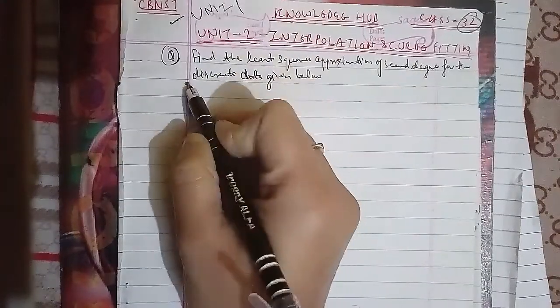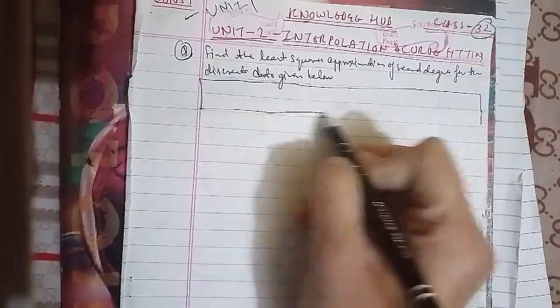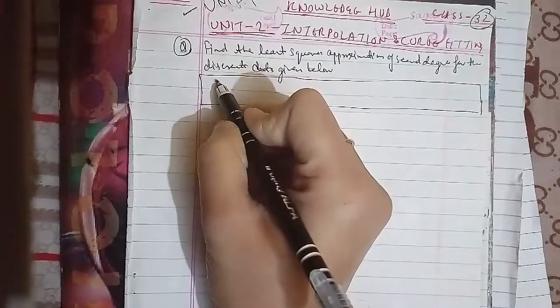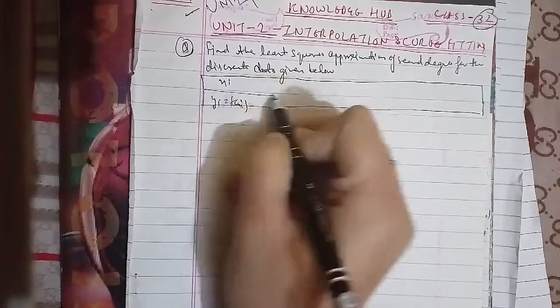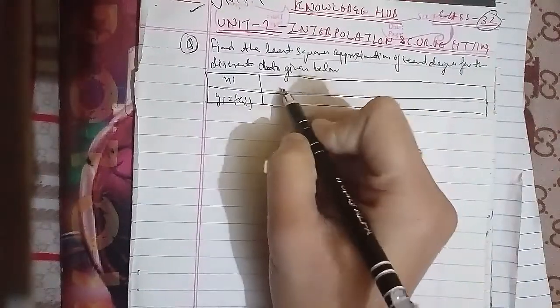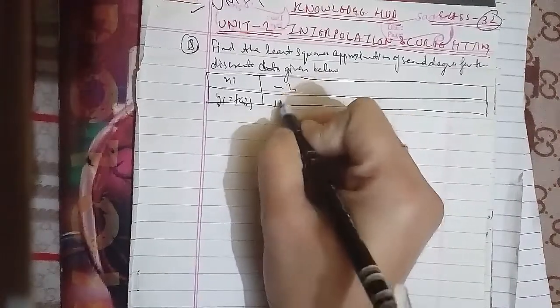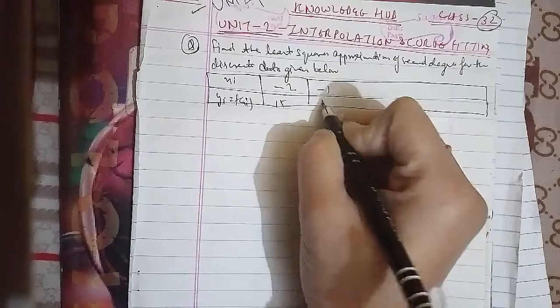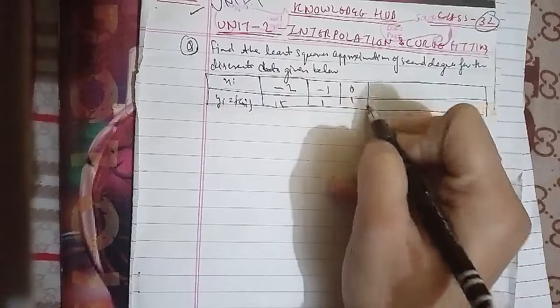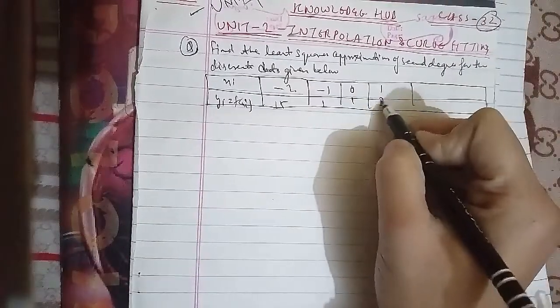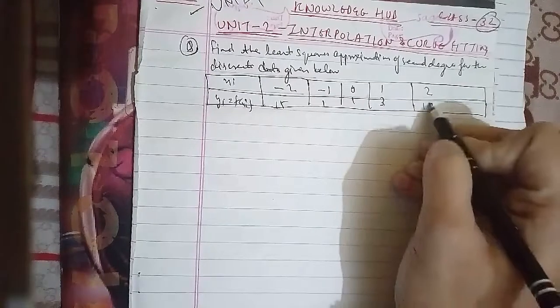So for that we have xi, and yi equals to f(xi). xi is minus 2, minus 1, 0, 1, 2, and yi is 15, 1, 1, 3, and 19. So here there are 5 data points, where n equals 5.